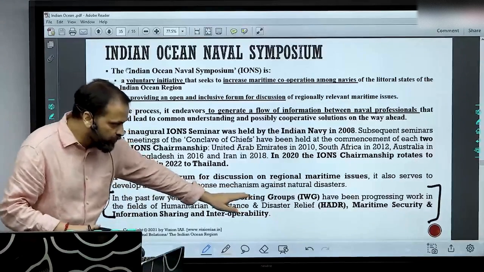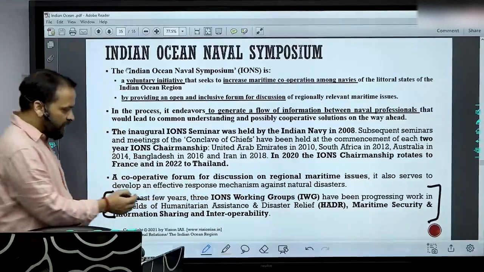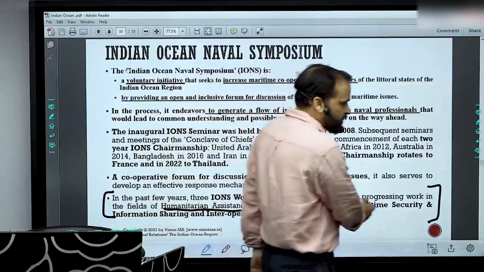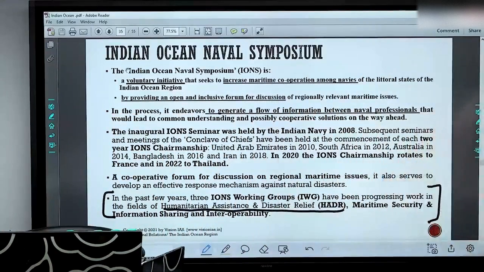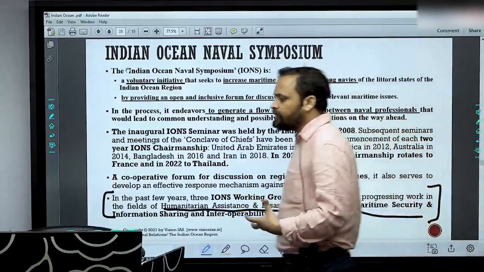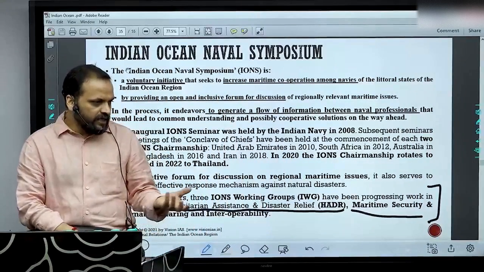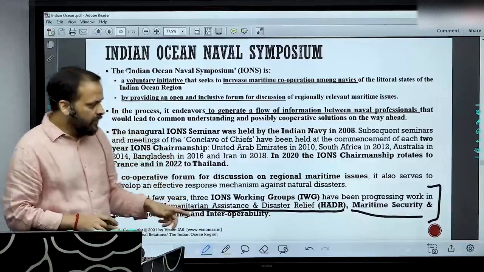IONS working groups have been working together in the area of HADR, Humanitarian Assistance and Disaster Relief, meaning discussions on what kind of disasters are possible, what kind of operations would be required. Maritime security. Maritime security generally refers to security of the oceans in the context of global trade routes, sea lanes of communication, secured against various threats.